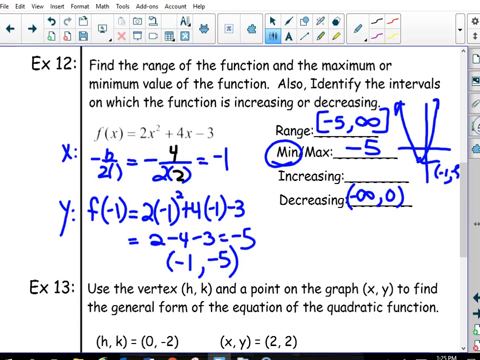It always helps me to see a picture. Okay, so it's decreasing to the left of the vertex. All right, now I'm just all discombobulated. It's decreasing from -infinity to -1, and then from -1 to infinity it's increasing. All right, I'm going to turn this off and rest.